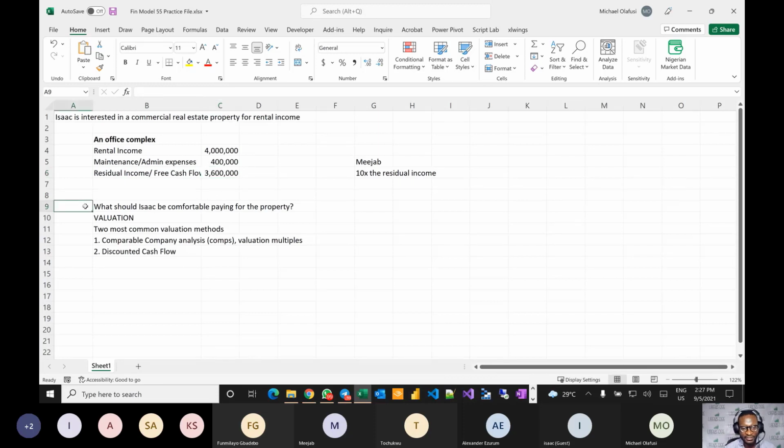So the question is, what should he be comfortable paying for the property? So this is the question that we are trying to tackle. Okay, so I've written out 2 common valuation methods, but I want to hear from people, what do they do naturally when you are trying to buy a property that you're going to rent out? How do you decide what's the right amount to pay?